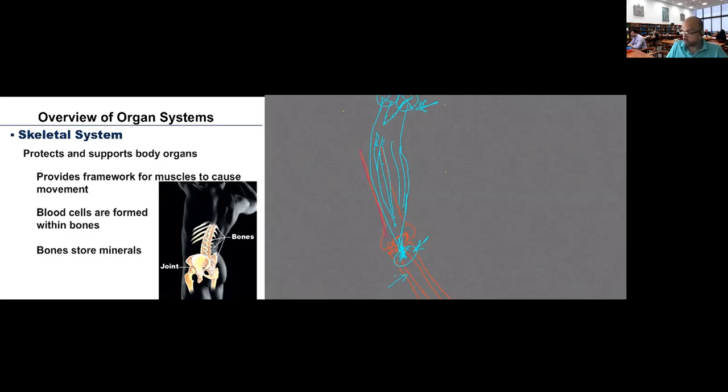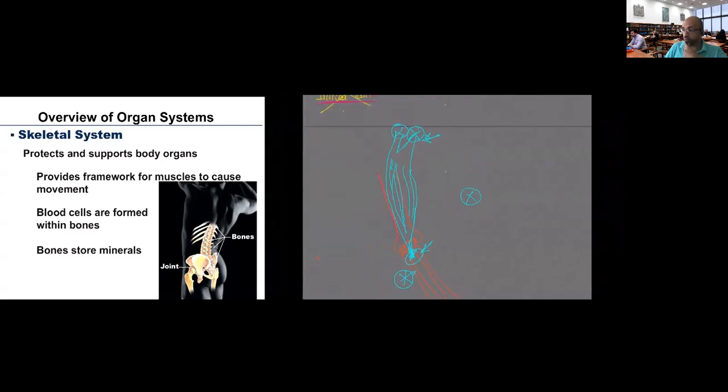If I don't have this bone, would the biceps have something to pull on to perform an action? No. So not having bones will not allow you to move, because simply the muscles act by pulling the different bones in different directions. So not having bones will not allow you to move.